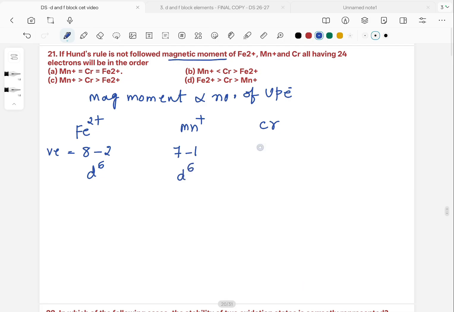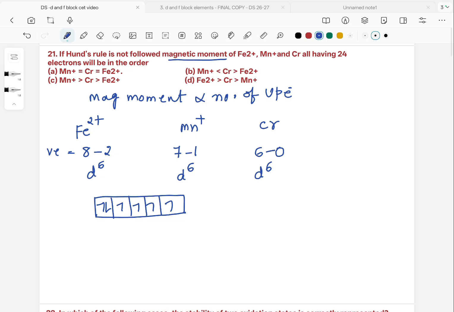Chromium valence electrons are 6, no charge on that, ends with d6 configuration. We all know the d orbital is degenerate and it has 6 electrons in all these ions. Let's write the electrons this way and the 6th electron gets paired up.